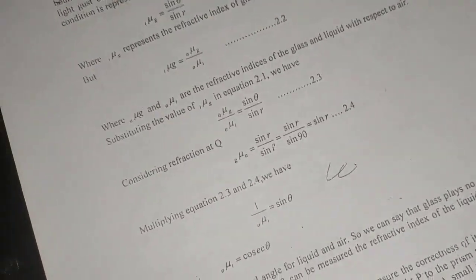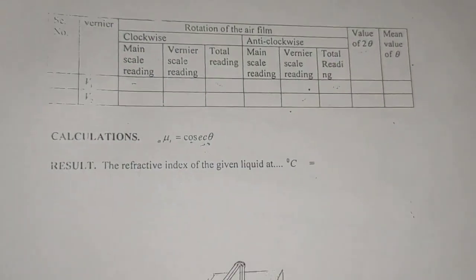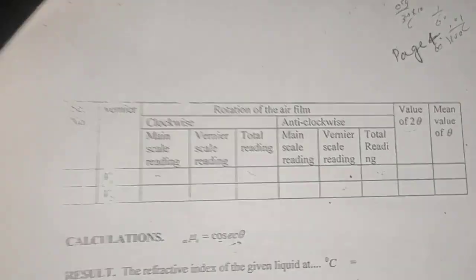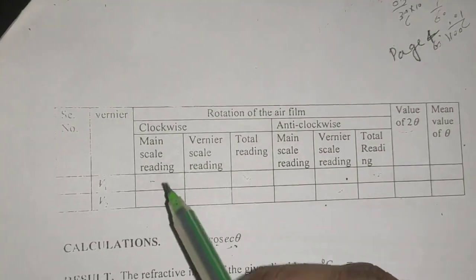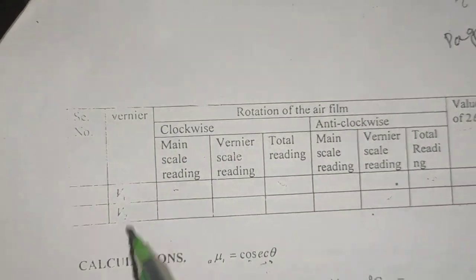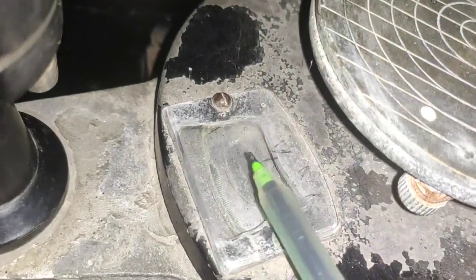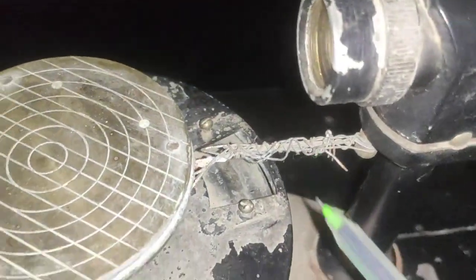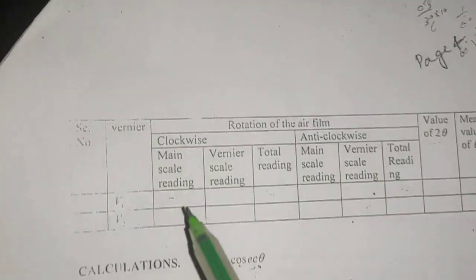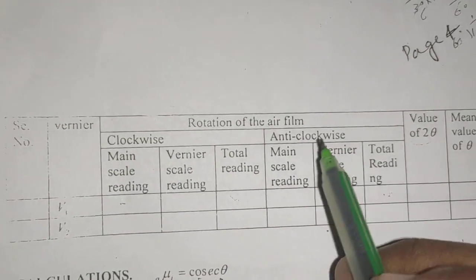The table of observation is here. You can see this is the table of observation. The columns are vernier V1 and V2, the two verniers of the spectrometer, which we already know about. The rotation of the air film has to be done in the clockwise and anti-clockwise directions.